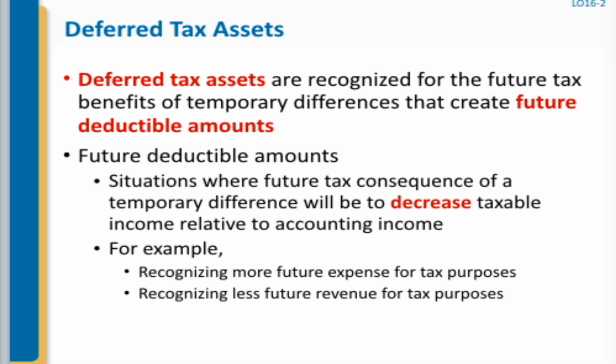So that doesn't mean you're reducing your taxes by that amount, okay? It means you'll be able to reduce your income by that amount. So the actual benefit to you would be whatever that income is that you're reducing times your tax rate, okay? So if you multiply the income that you're reducing times the tax rate, that tells you what your deferred tax asset would be.